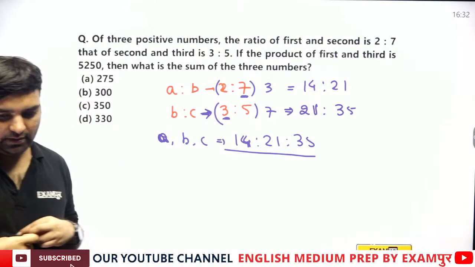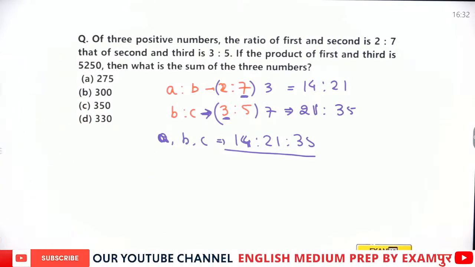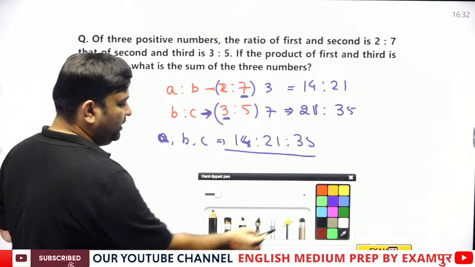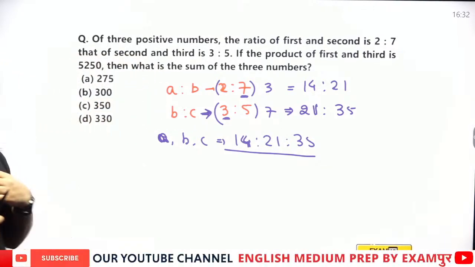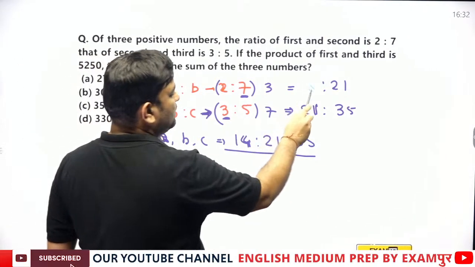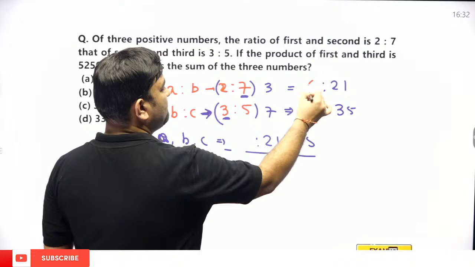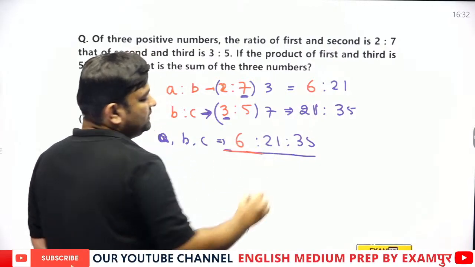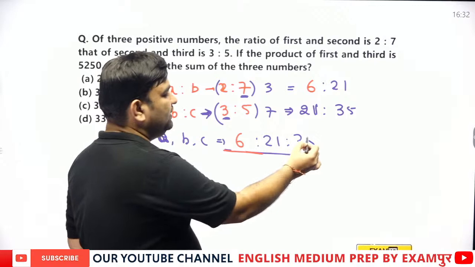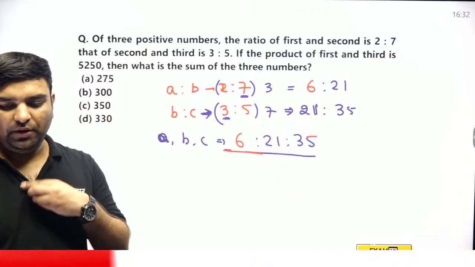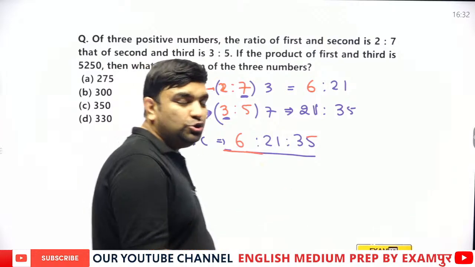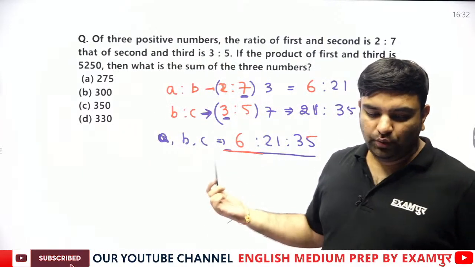14, 21, 35. What is the sum of these three numbers? Guys, since the information is given in the product, do we need to take a K in it?